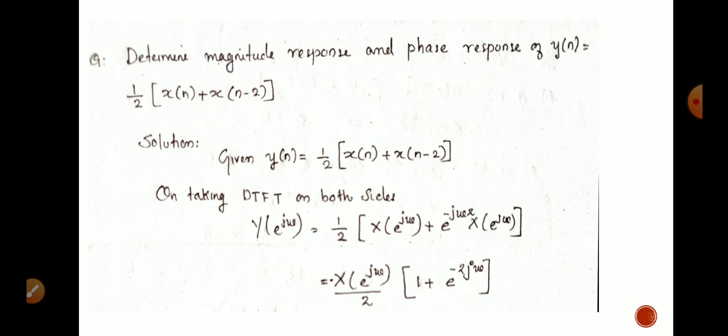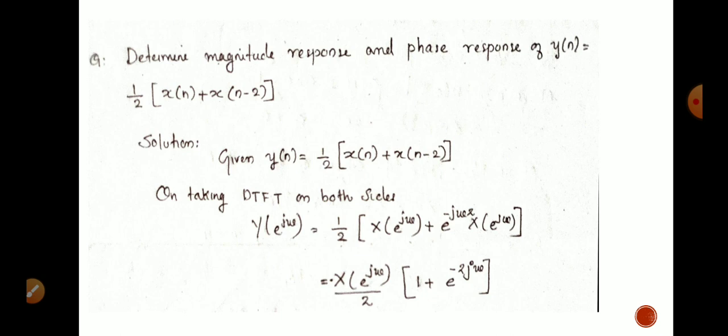We know Fourier transform of y of n equal to Y of e raised to j omega, and Fourier transform of x of n equal to X of e raised to j omega, and Fourier transform of x of n minus 2 can be written as e raised to minus j omega 2 into X of e raised to j omega. Here we are applying the time shifting property of the Fourier transform.